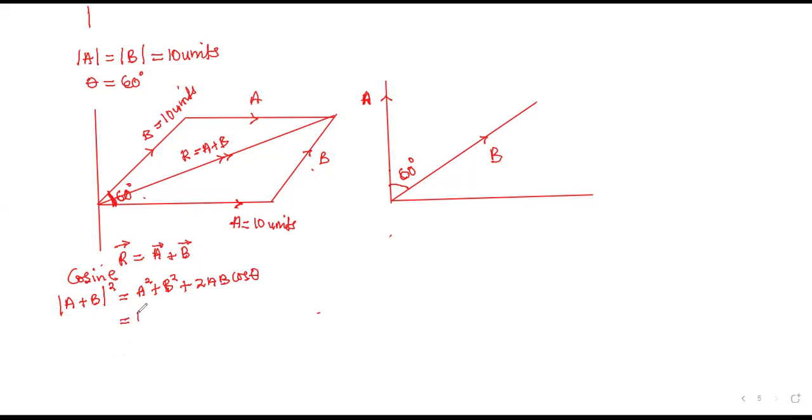A is 10, B is 10, plus 2 times 10 times 10 times cos of 60 degrees. And this must be equal to 300, aka 10 root 3 units. So A plus B is equal to this.